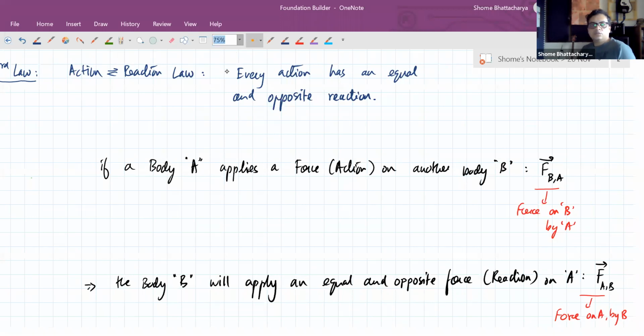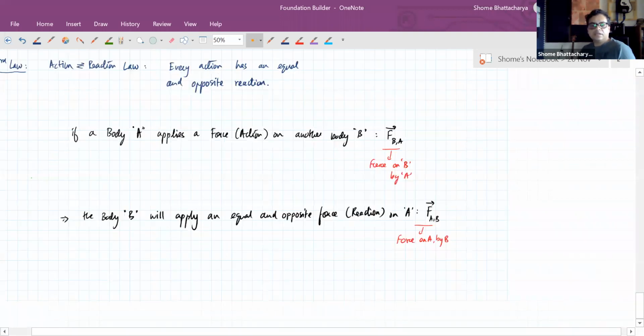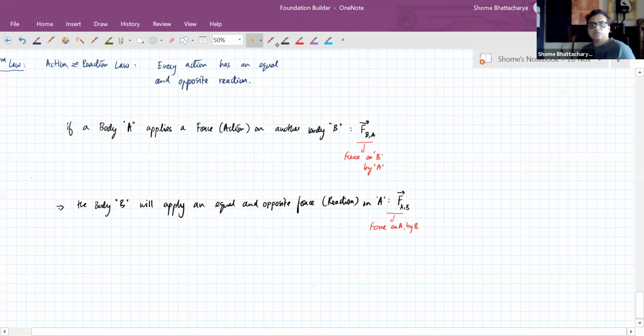Now Newton's third law basically states that these two forces are equal and opposite.